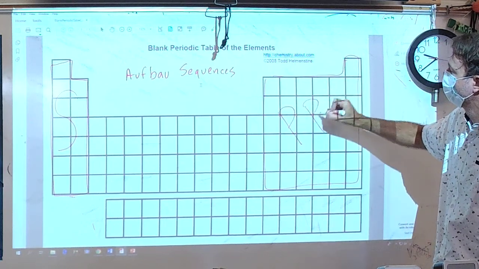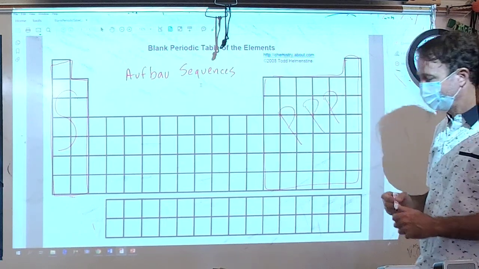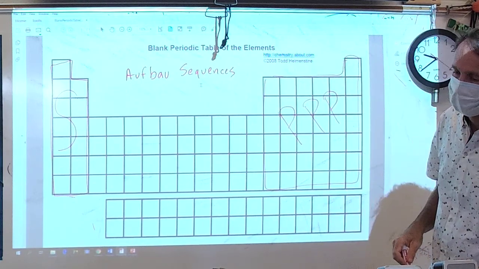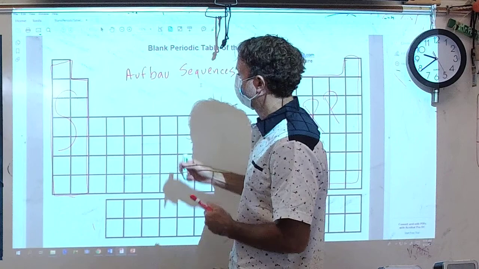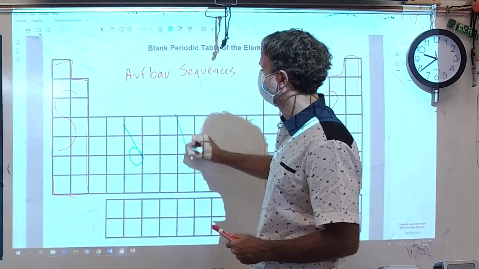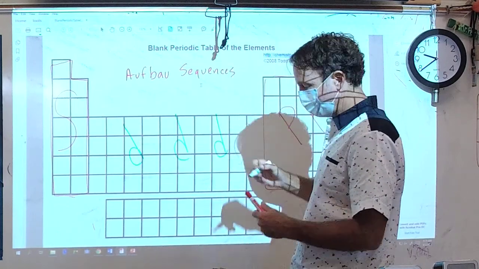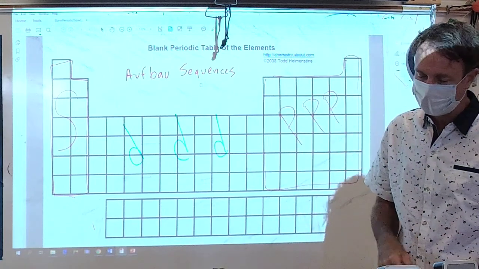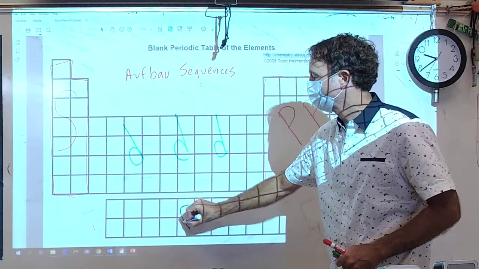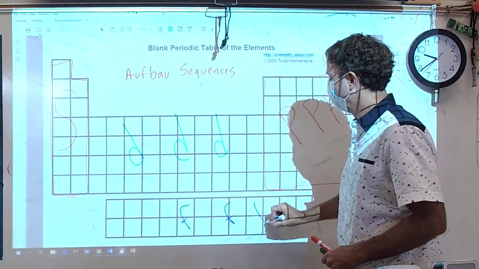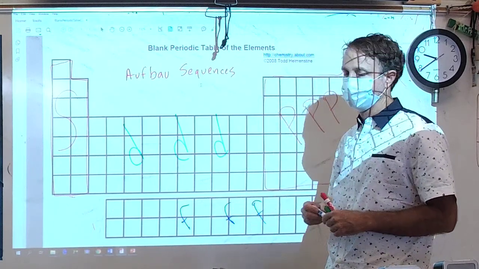These are the P orbitals. And then in the middle, the transition elements, these are called the D's, all right? You won't have to write any of these, but if you write an Aufbau sequence including the inner transition metals, you would need to know they were called the F's, okay?